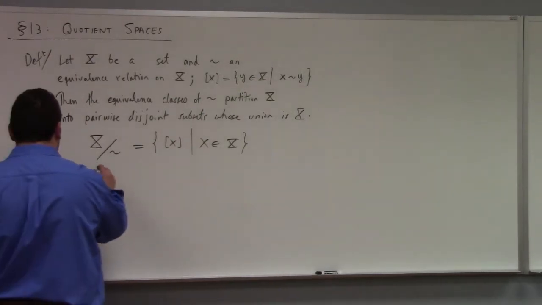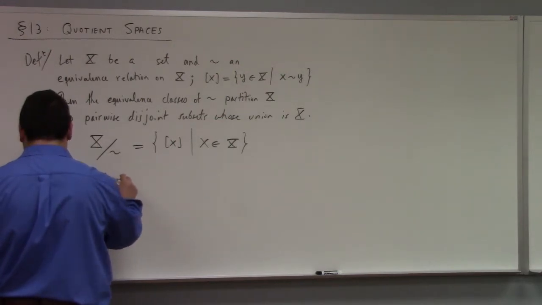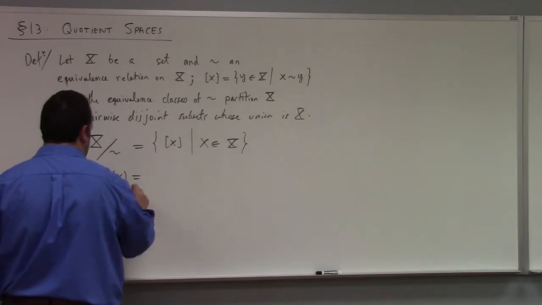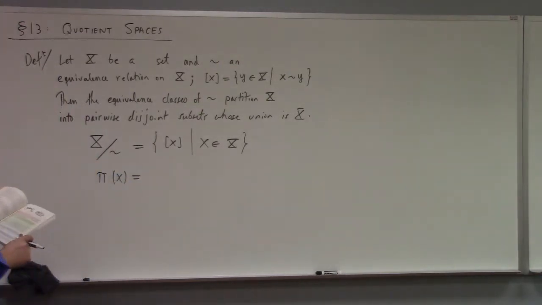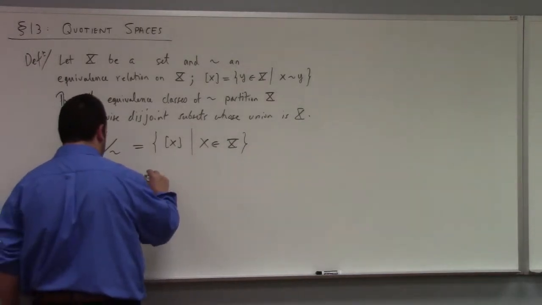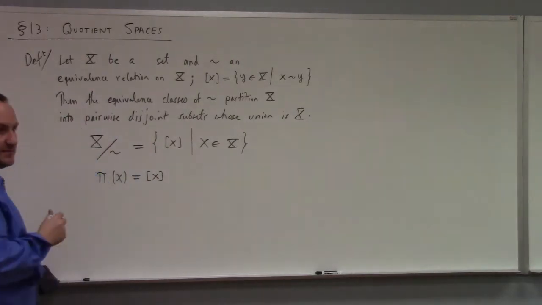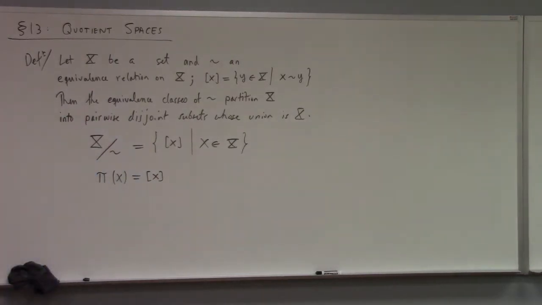And we define pi. Pi of x is equal to what? The element x maps to the equivalence class generated by x. So the natural map.